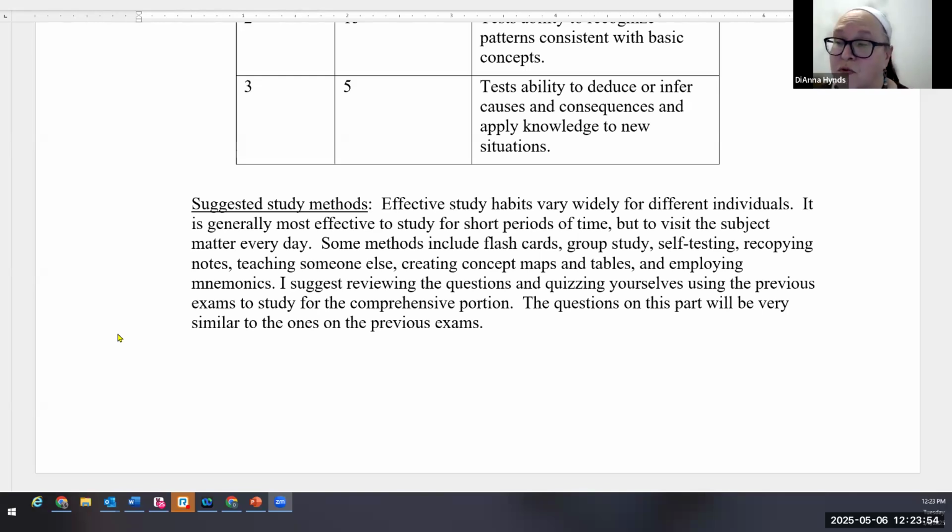For basic understanding of the various disorders, concept maps, building tables, or even making up mnemonics can help with memorization. Teaching someone else really helps with application type questions, because if you can teach this material to somebody else and create those concept maps and tables, you really do understand the material.